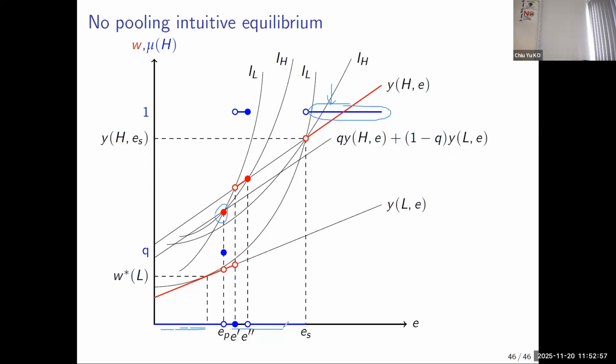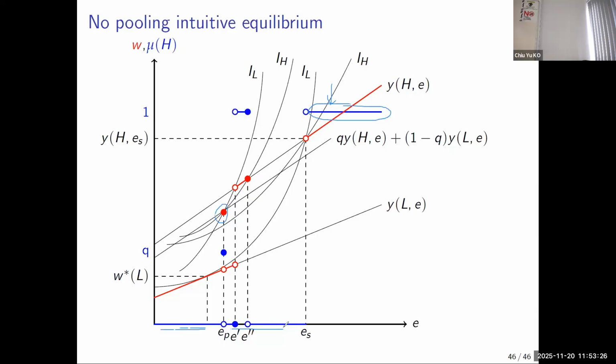E prime here is, look at the low type here, okay, and you draw the indifference curve up to this high salary. This is that. And E double prime is the same, but it's the high type. Okay. So you draw a line there, and the intercept is called E double prime.